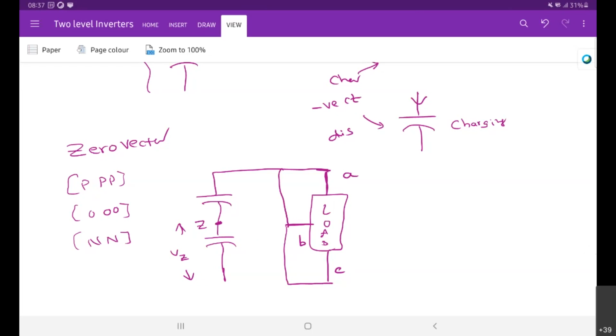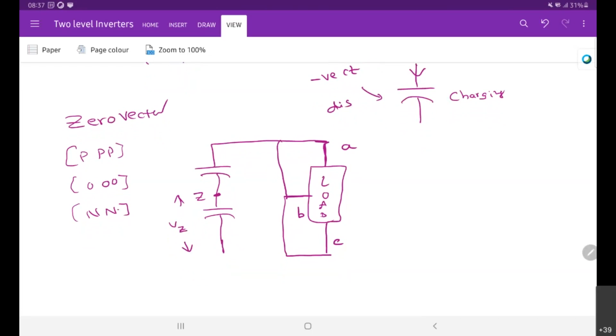Similarly, in the 0 switching state, A, B, and C are all connected to Z, and in the N switching state, all of A, B, and C are connected to this point. In all these cases it is not drawing anything from the source, and the load is short circuited, producing 0 voltage. That's why these are known as zero vectors.